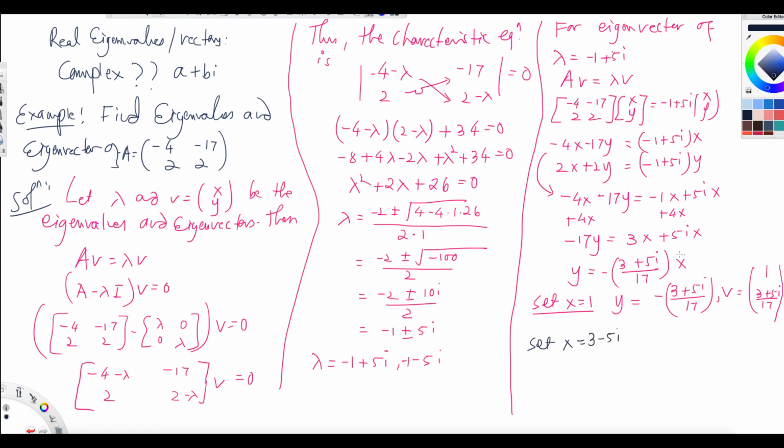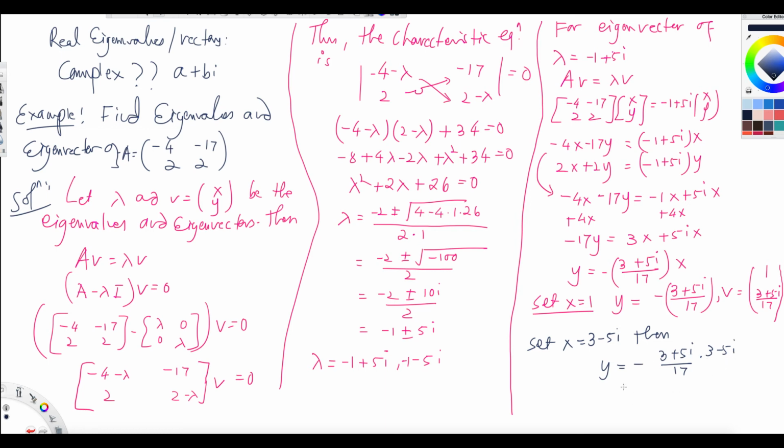Because I know that if I take x equals 3 minus 5i, I can multiply with that, okay? Then y will be negative, here, right? (3 plus 5i) over 17, and then times (3 minus 5i). See, it is (a plus b) times (a minus b).